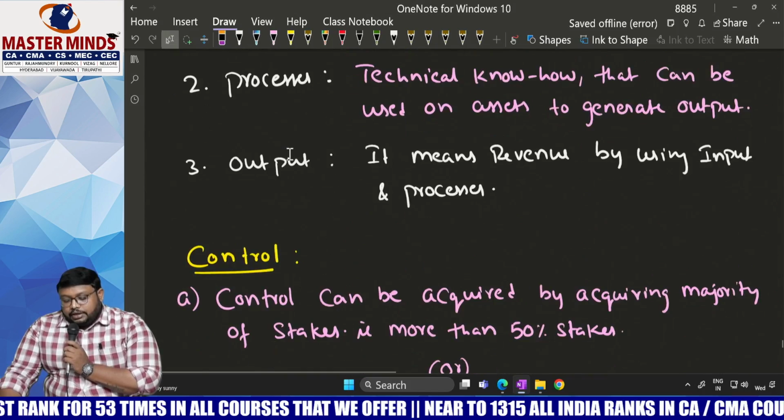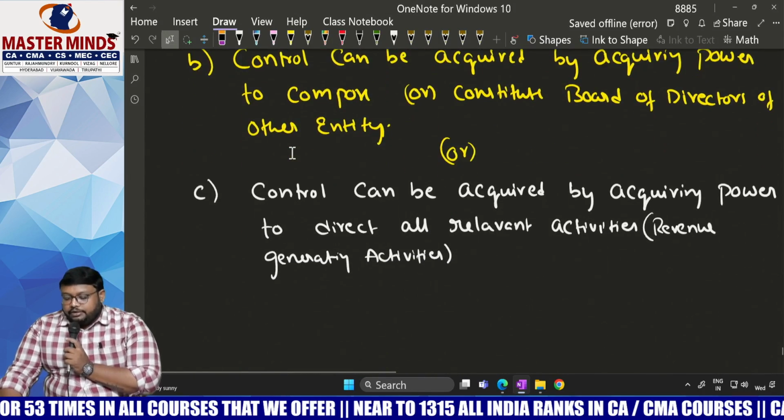Okay, so control, three aspects we have seen. One note point also write down for this.